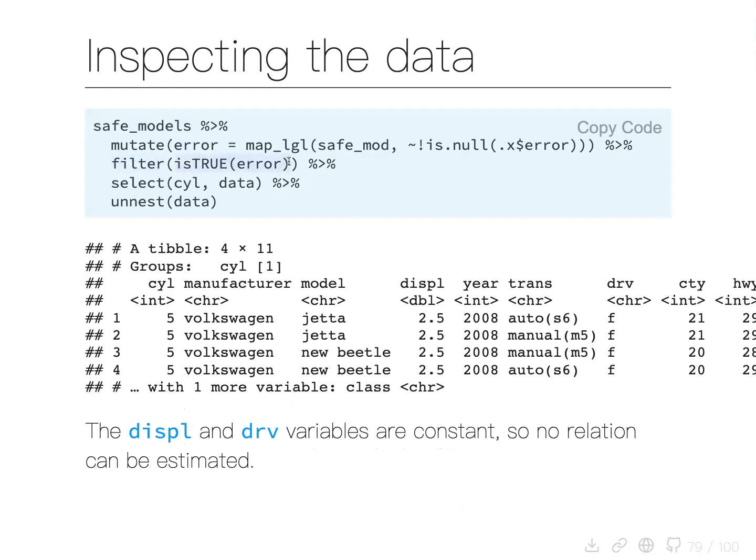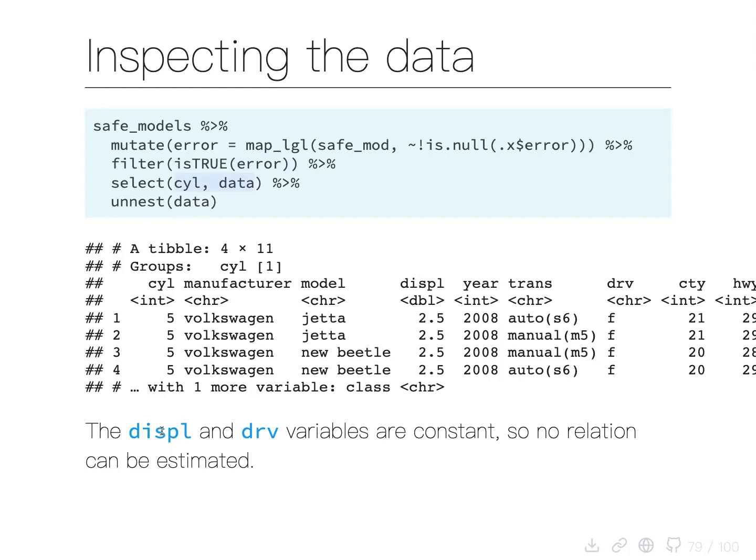Is true is a newer function from R 4.0, I think. But you could actually just pass error because all it needs is a logical true or false. But that's one way you could do it. Select data and then unnest my data. So here's my cylinders, here's my manufacturer, and here's my engine displacement trans.